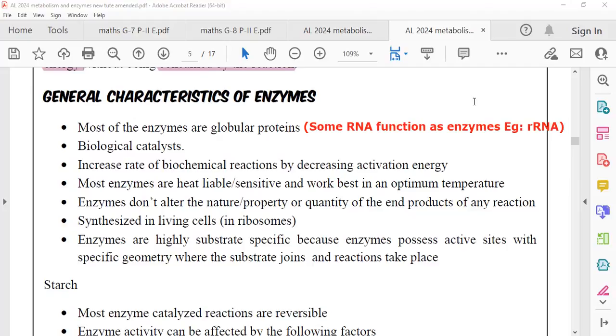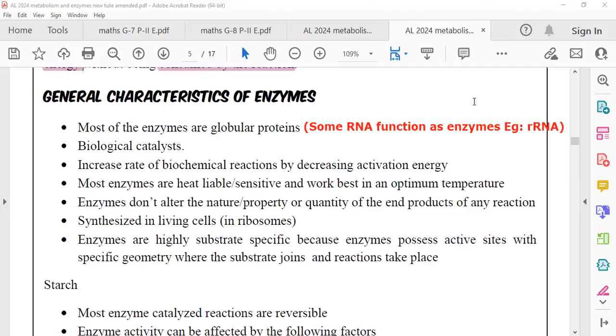So enzymes, that's why they say they don't alter the nature. That means starch is reacting with water, maltose is coming; because the enzyme is there, another product will not come. Maltose will come. 5 milligram maltose can come, with the amylase also 5 milligram only will come.